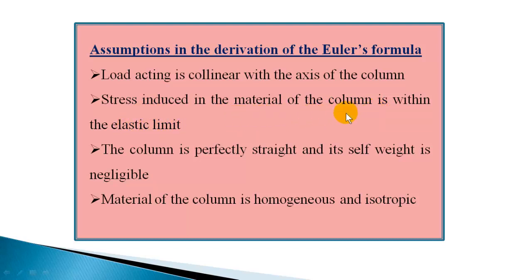The column is assumed to be perfectly straight and its self weight is negligible, so the weight of the column is neglected in calculating this buckling load. We assume that it is negligible compared to the effect produced by other parameters. The material of the column is assumed to be homogeneous and isotropic.